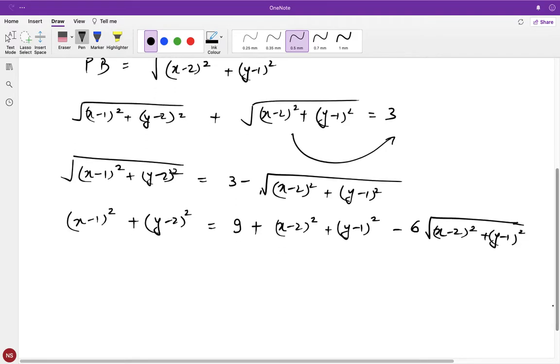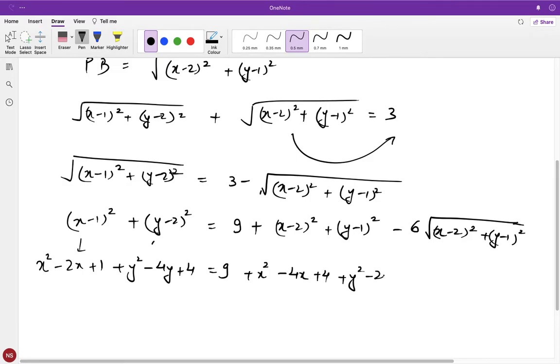Right, now let us try to open the brackets. This is x square minus 2x plus 1. This is y square minus 4y plus 4. This is 9 plus x square minus 4x plus 4 plus y square minus 2y plus 1. So 1 is cancelled, 4 is cancelled, x square is cancelled, y square is cancelled, minus 6 of this is remaining. Don't forget about it.